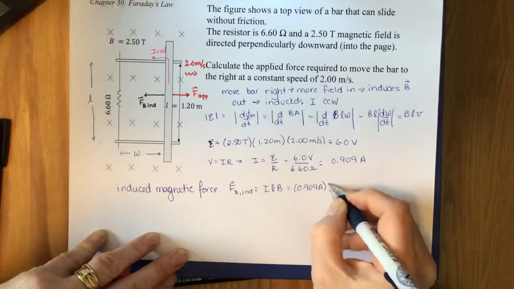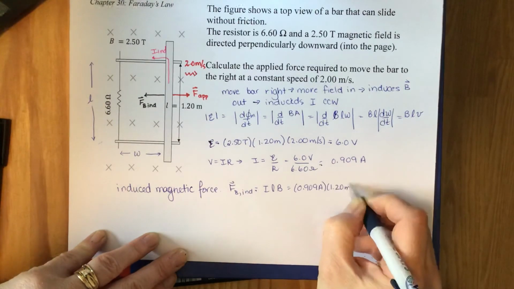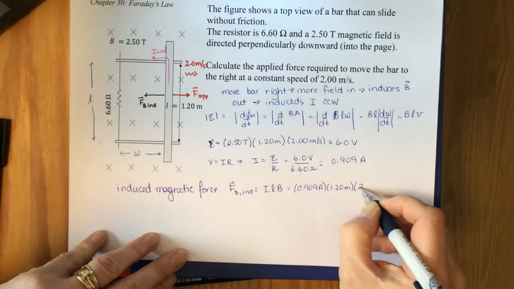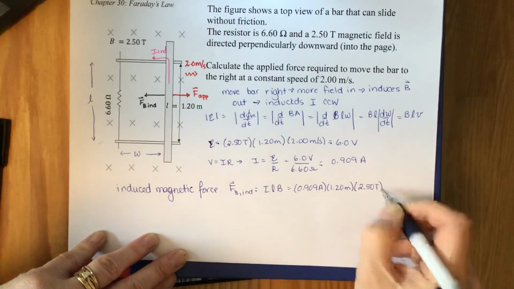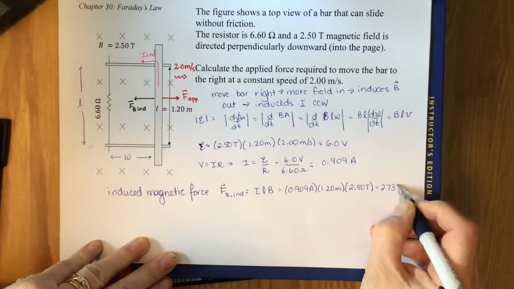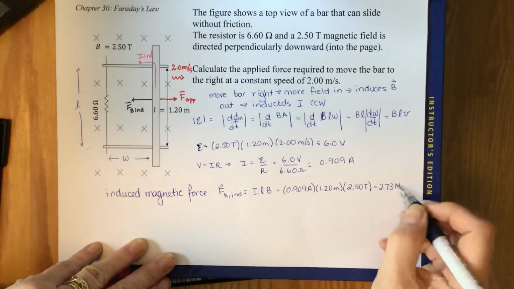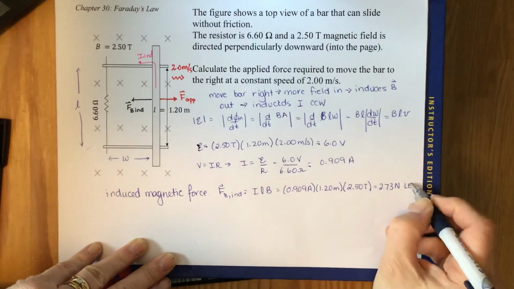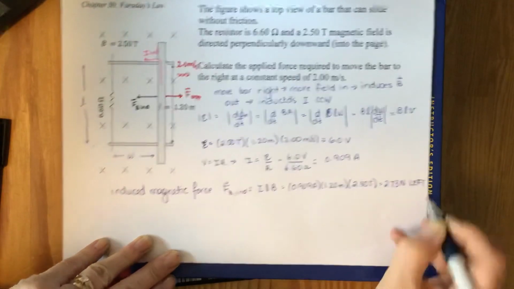The length of the wire in the field is 1.20 meters. And the size of the field is 2.50 teslas. So our induced magnetic force is 2.73 newtons. And we found the direction of that force with our right-hand rule. We know that that points to the left.